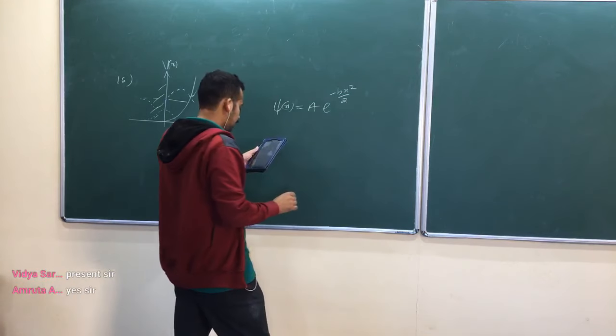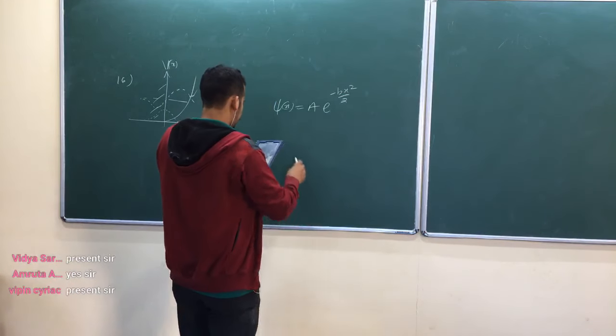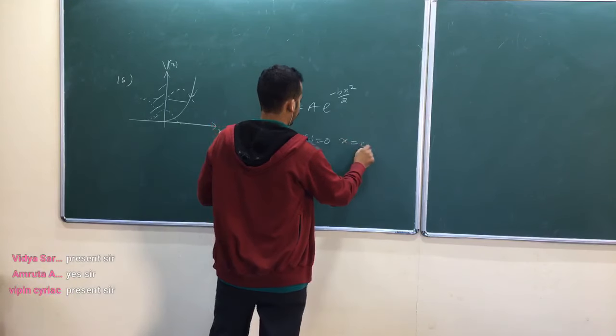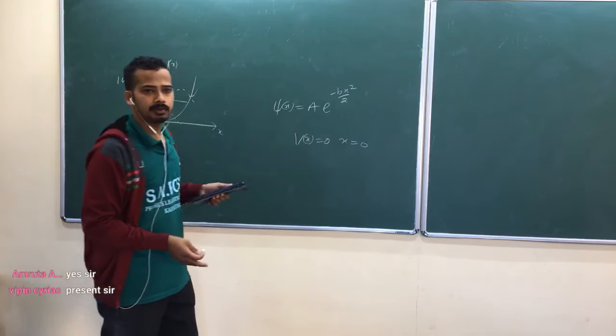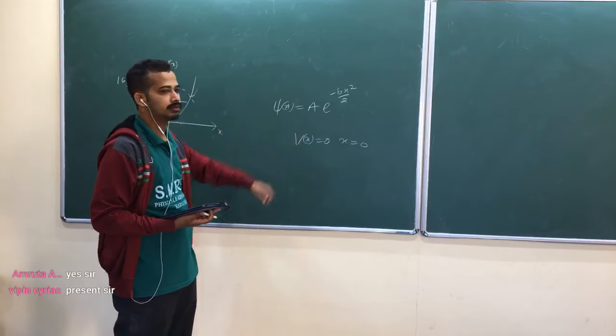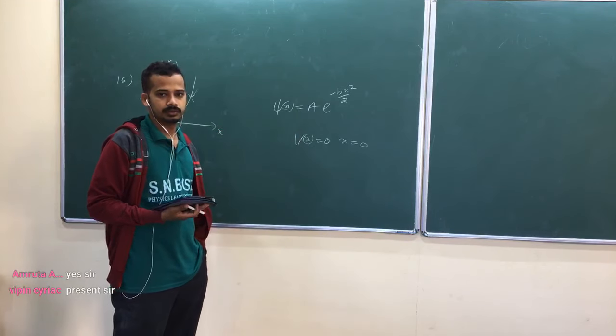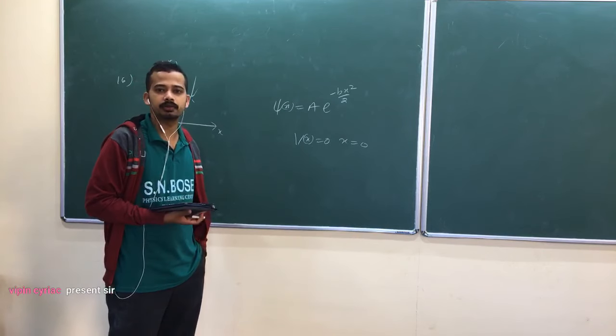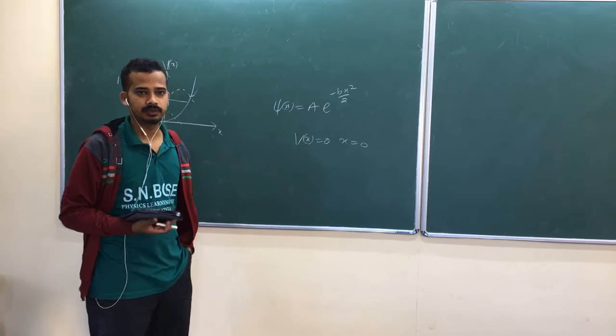He asked what the wave function is, and he said one more thing, V of x equal to 0 at x equal to 0. Remember, maybe in some other problem we may need that, but this is known. What is this one? The ground state wave function of the harmonic oscillator, so your potential should be the harmonic potential, isn't it?